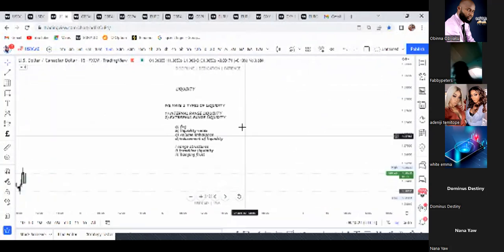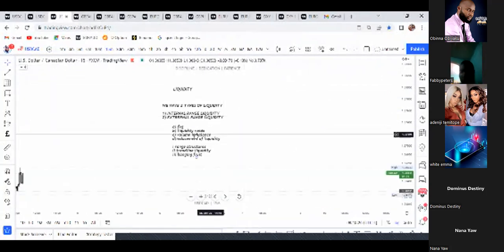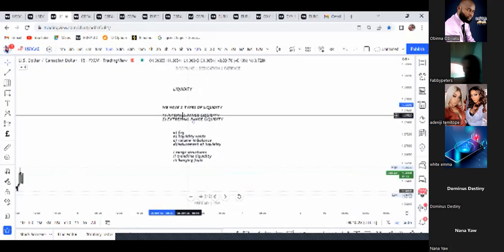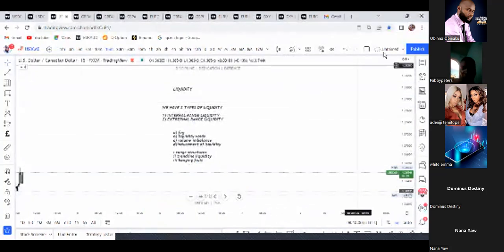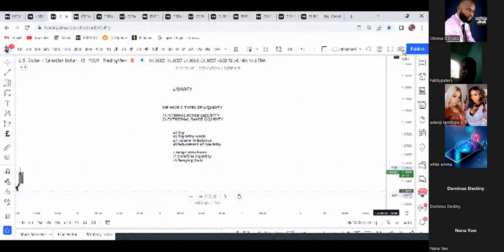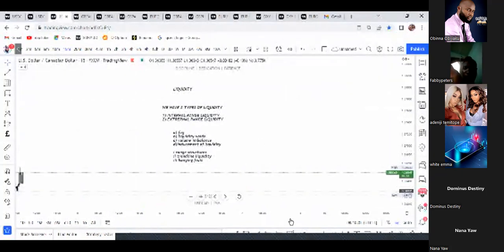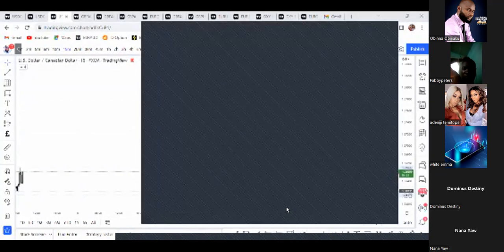So we're going to be taking what? Internal range liquidity today. Remember what I said? We have two types of liquidity: internal range liquidity and external range liquidity. I'm posting it to the group now.